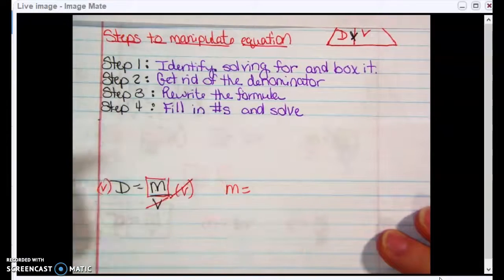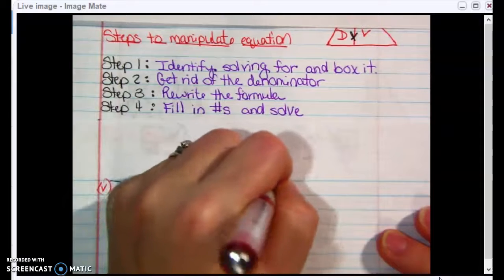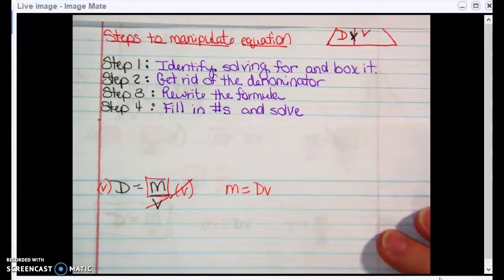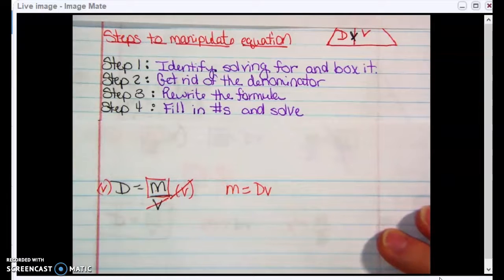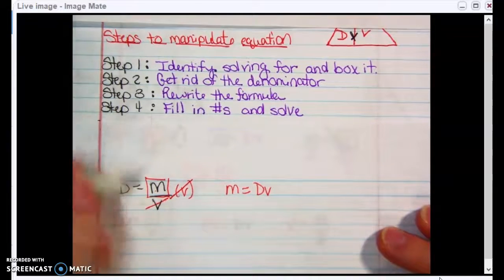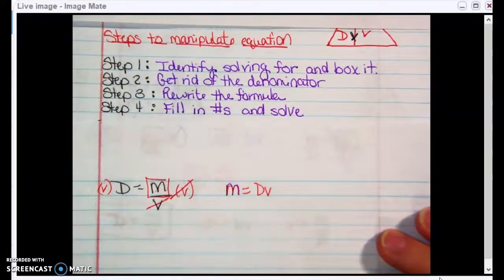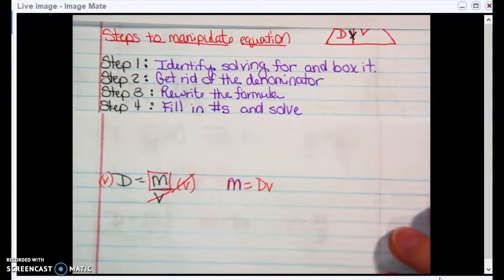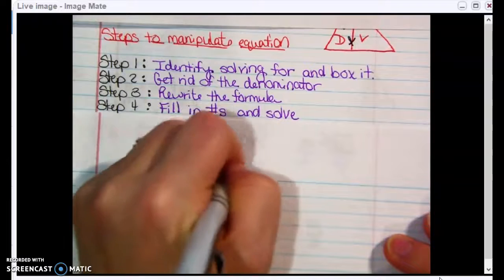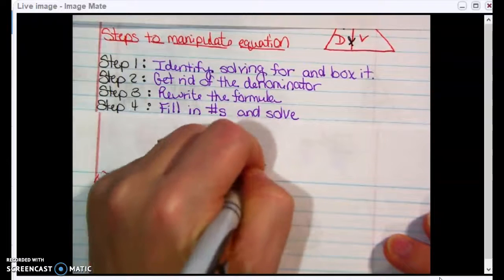So the new equation looks like this. So mass equals D times V. Now this equation here is your second equation that you're either going to memorize or you know how to manipulate to find it. So M equals DV is your second equation. Your first one is still D equals M over V.